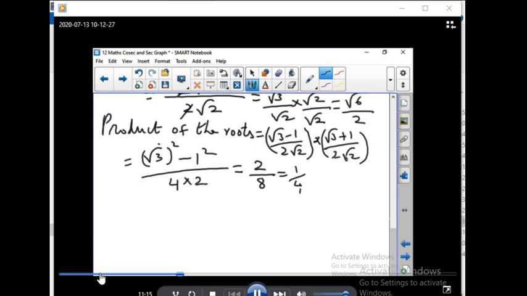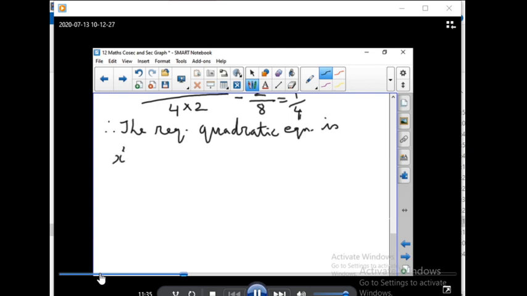So, therefore, the required quadratic equation is x square minus x into sum of the roots. Sum of the roots you can take as alpha plus beta, plus product of the roots, alpha beta, equal to 0.